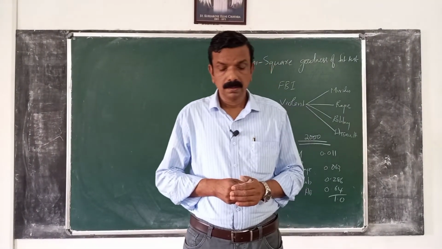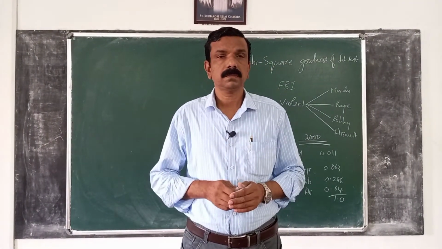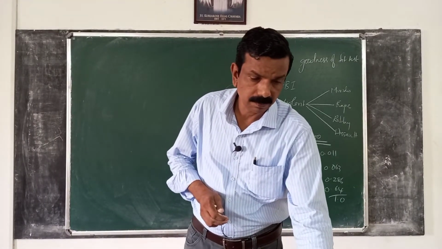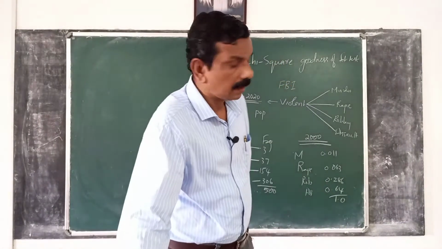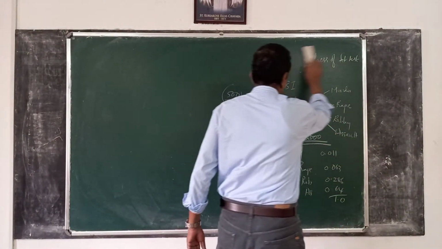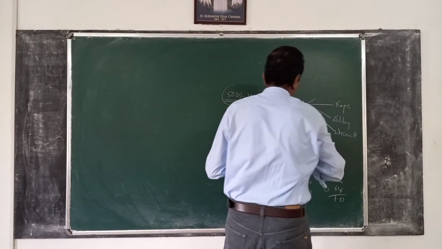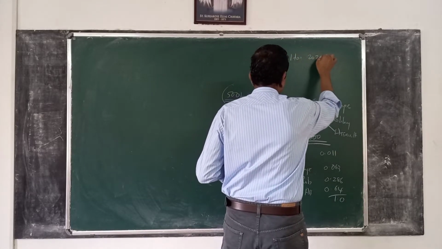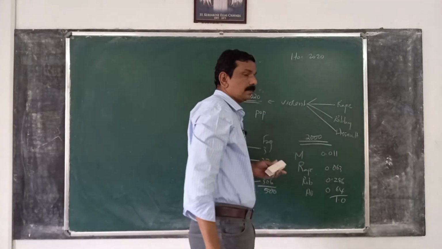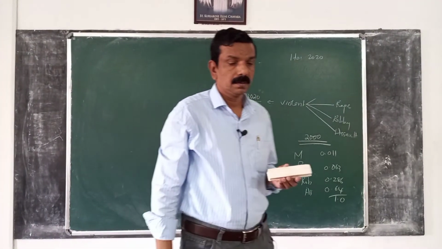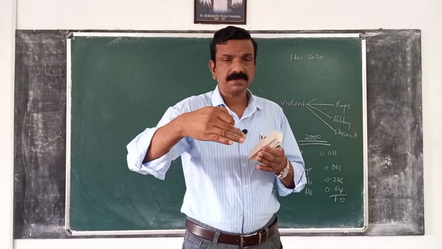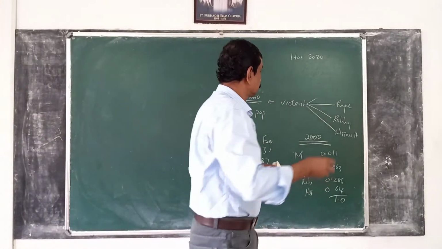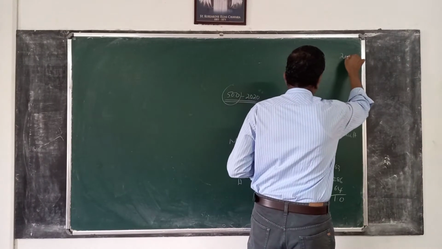And we want to perform the hypothesis test. The null hypothesis: the distribution of the violent crime of 2020 is the same as 2000.